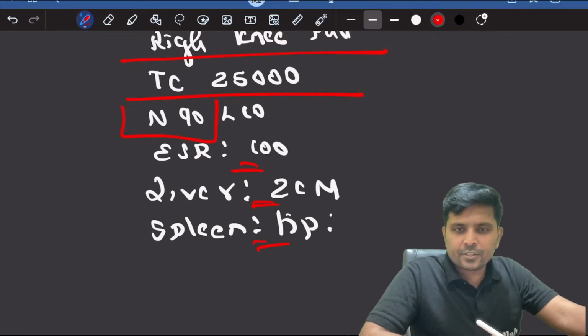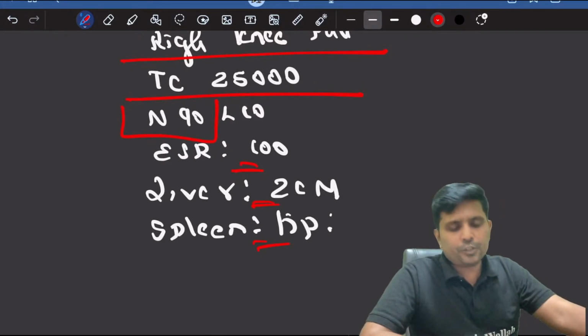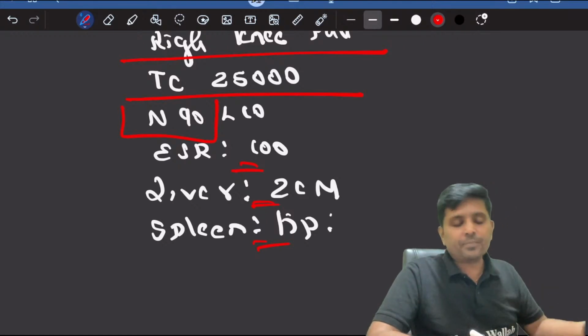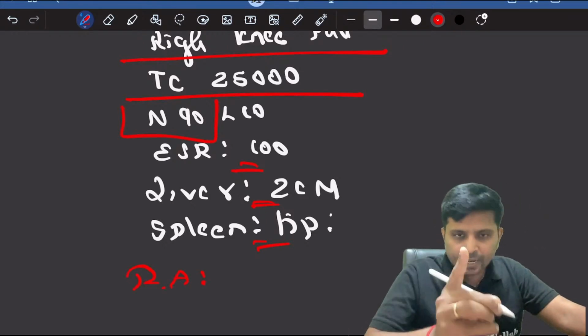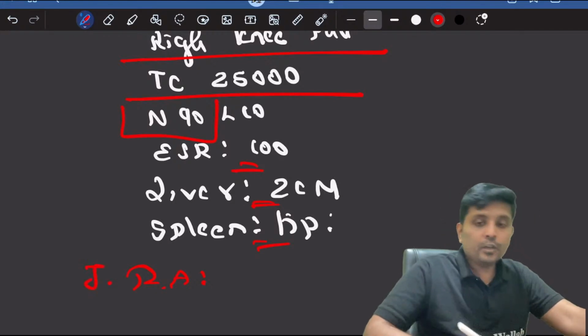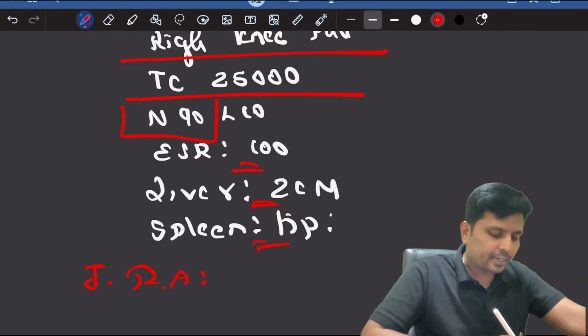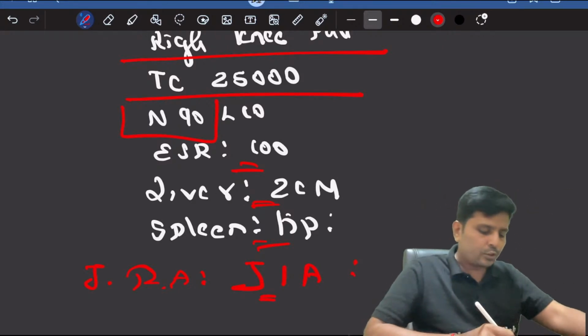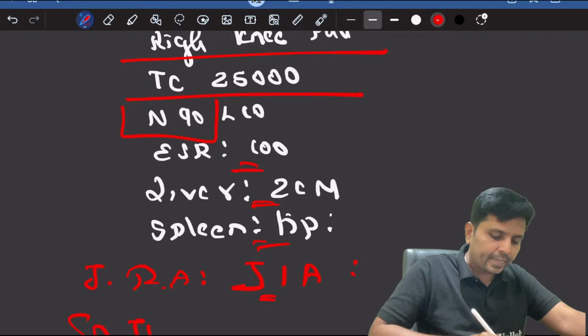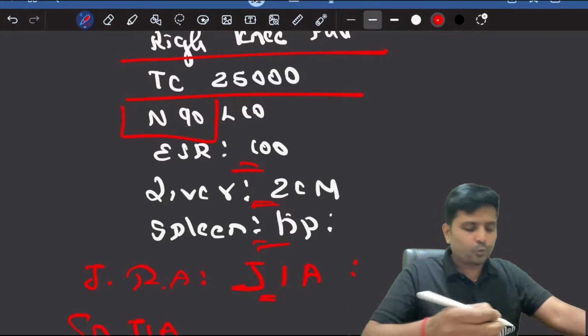So this case is characterized by joint pain. You have heard something called rheumatoid arthritis in adults. But in pediatrics, we call it juvenile idiopathic arthritis, otherwise known as JIA, which is one form of JIA is called SOJIA. What is this SO?